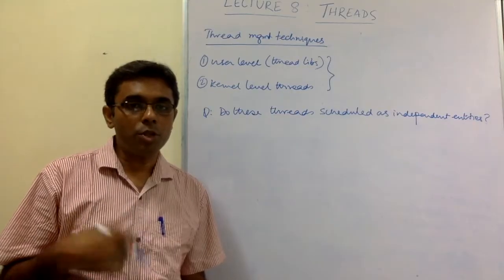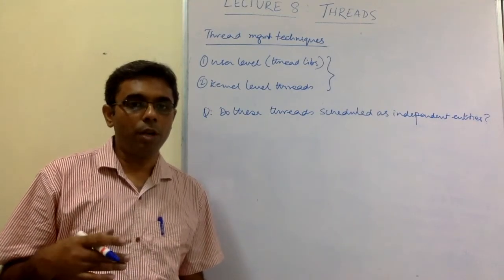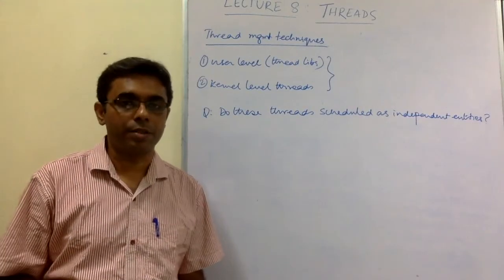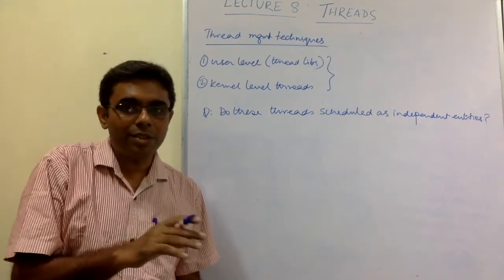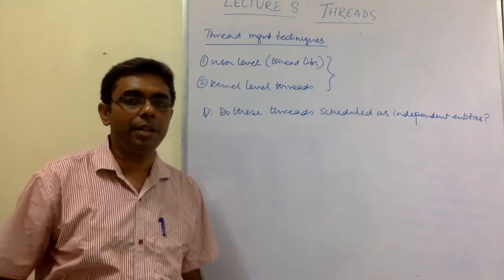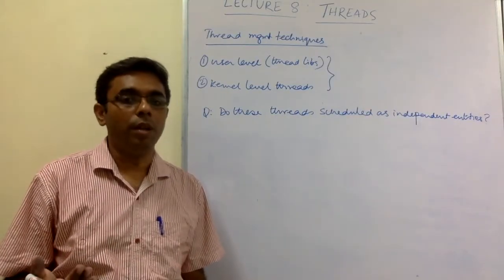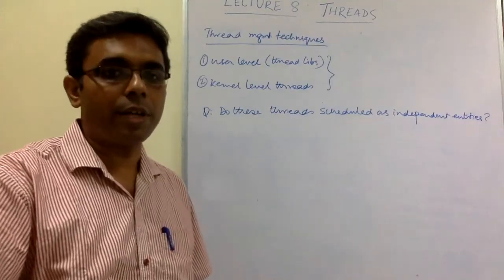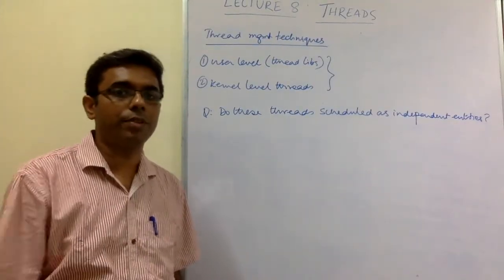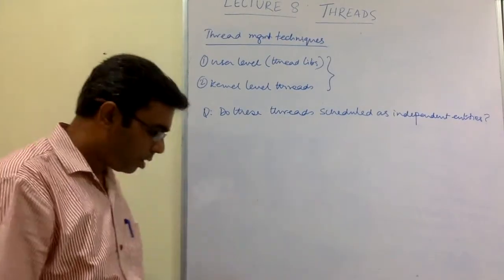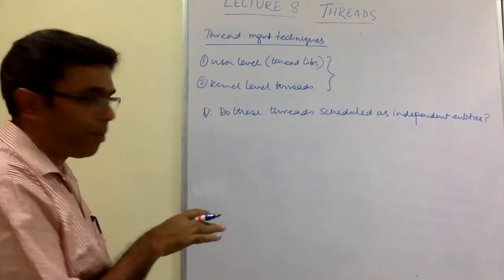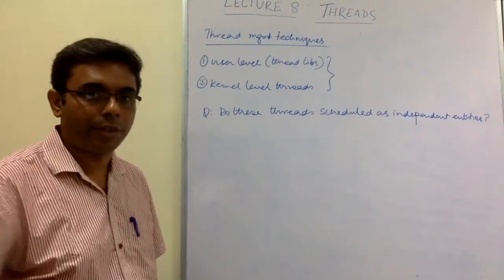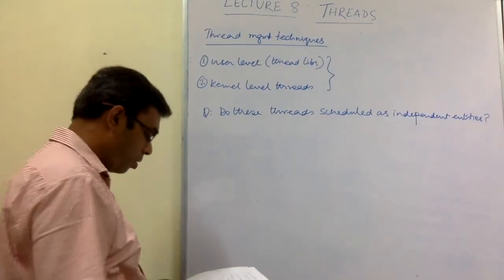Now, when it comes to scheduling, the scheduler, which is part of the kernel, will schedule the different threads. Will it treat these threads as independent entities? That is only possible if you have certain kernel level threads. If the kernel supports different threading, how will you map the user level threads to the kernel level threads?